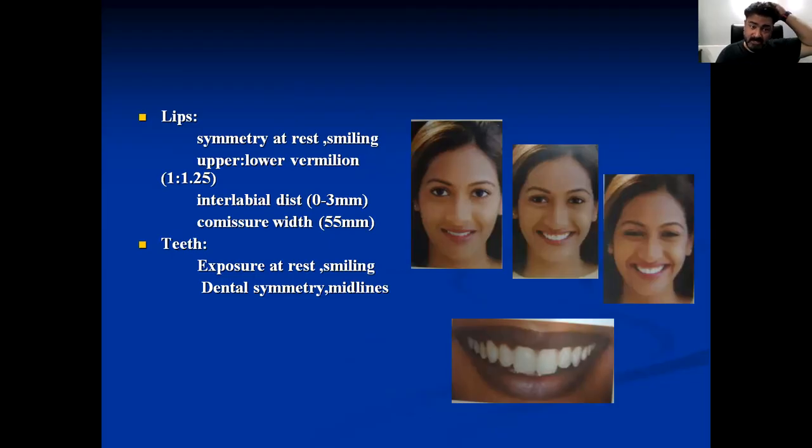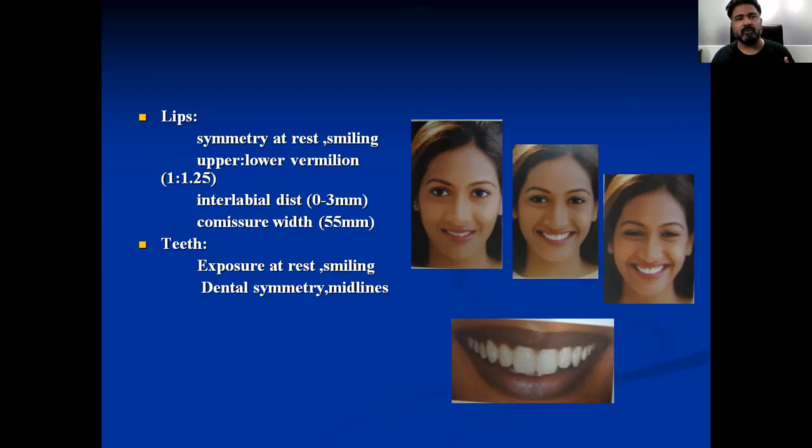Now lips: symmetry at rest and smiling, upper and lower vermilion 1:1.25. Then interlabial distance should be 0 to 3 millimeters, and commissure width should be 55 mm. Teeth exposure at rest and smiling, dental symmetry, and midlines you have to check.